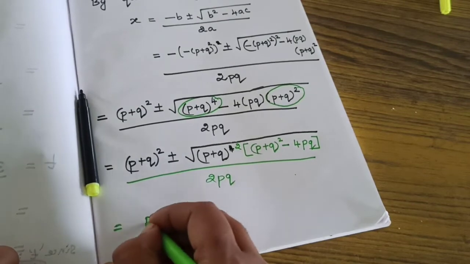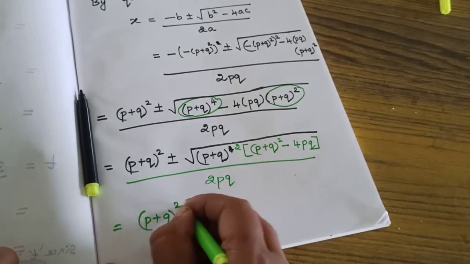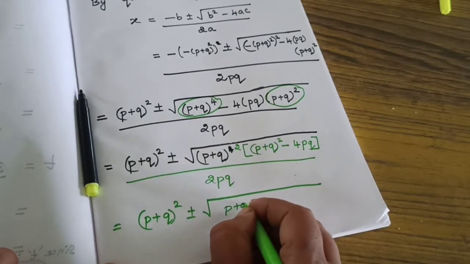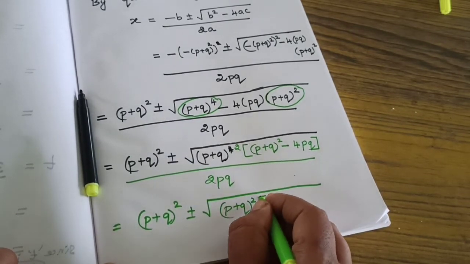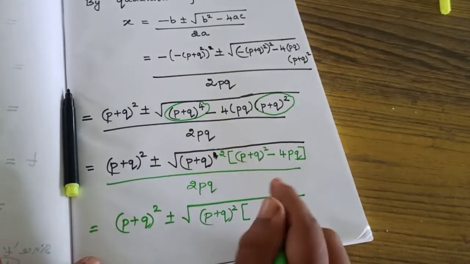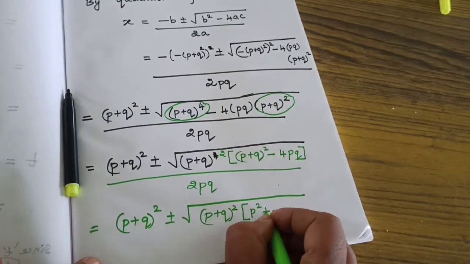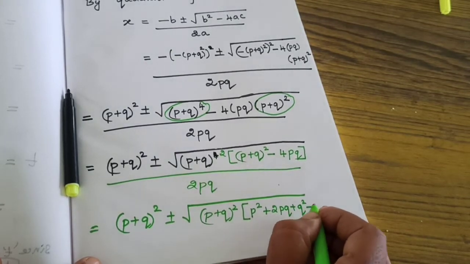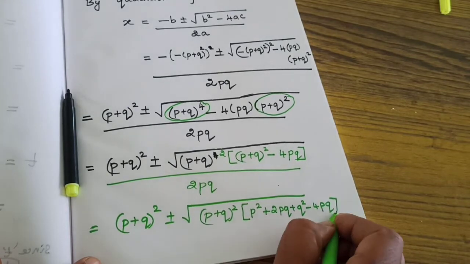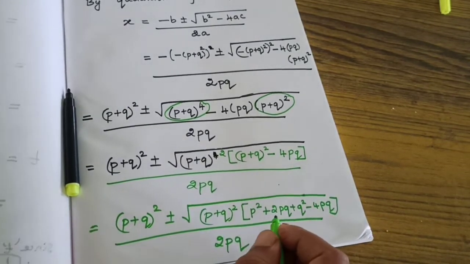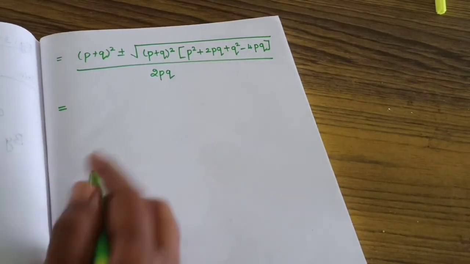Which is equal to p plus q the whole square plus or minus square root of p plus q the whole square into, this term we need to expand, a plus b the whole square formula, a square plus 2ab plus b square, minus 4pq, divided by 2pq.